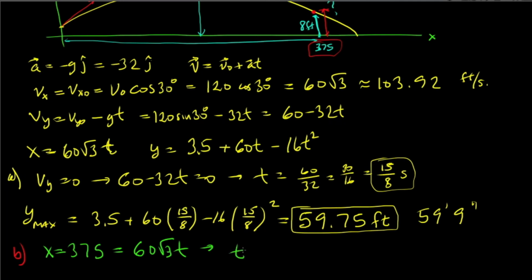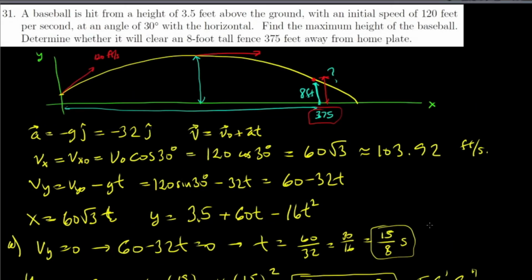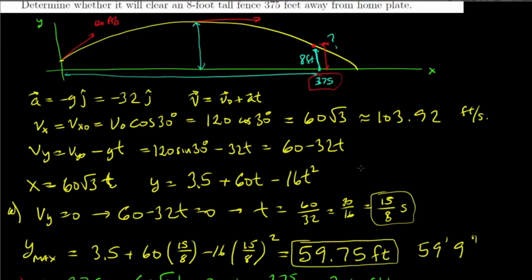So t is just going to be 375 divided by 60 root 3. We might as well just approximate that. I get 3.6084. So that's how long it takes to get to that position.